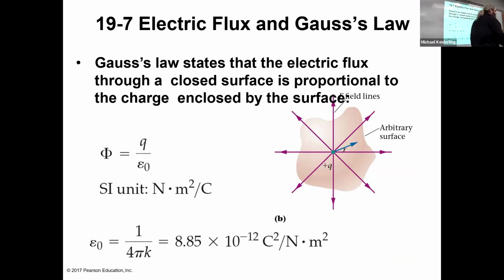So Gauss's law says that total flux equals charge over epsilon naught, where epsilon naught is 1 over 4 pi k, or 8.85 times 10 to the minus 12 Coulomb squared per Newton meter squared.